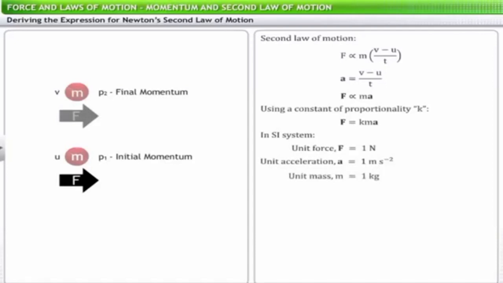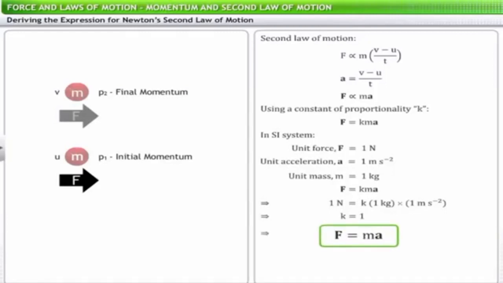Thus, substituting the values in the expression F = kma, and simplifying, we get the value of k as 1. Hence, we get the mathematical expression of the second law of motion as F = ma.